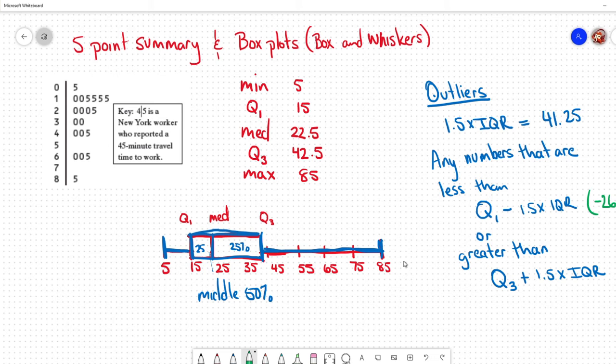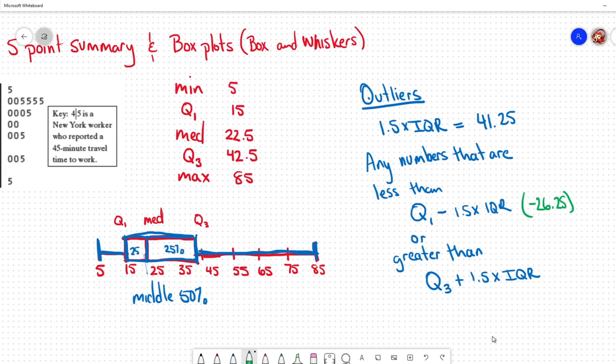And if it's greater than, so Q3 for us was 42.5, plus 41.25, that's 83.75. Those would be considered outliers. So back to our data set.